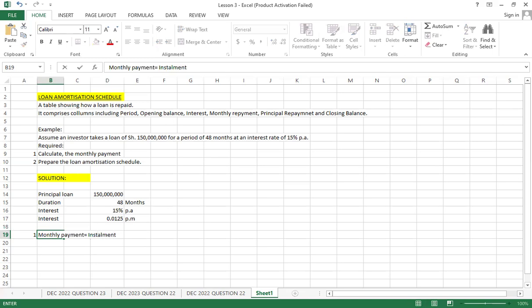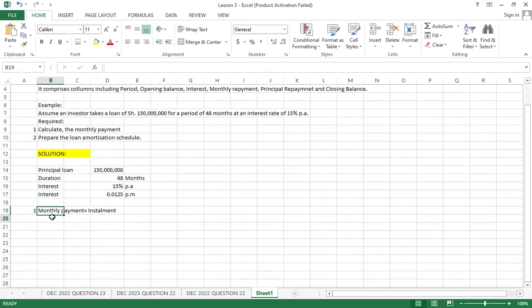One more thing to note is that this is what you repay to the bank every month. If this investor takes the 150 million, how much plus interest will the investor be paying to the bank monthly? That's what we are computing here.